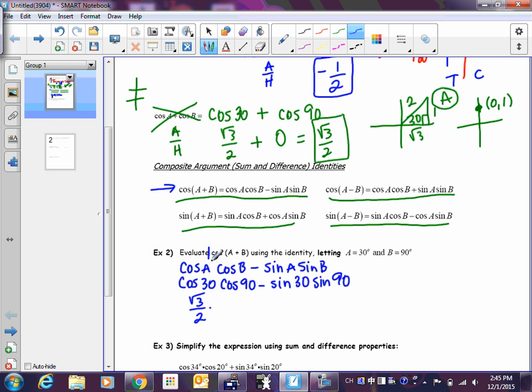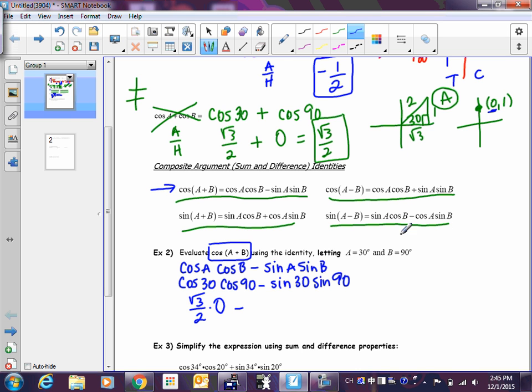Because it says it right here. Evaluate cosine of a plus b. Okay, we already did cosine of 30. We could redo it, but we already found out what it is. We already found out what cosine of 90 is. Okay, it's right from up here. 0. Okay, sine of 30. I'm just going to look at this picture.